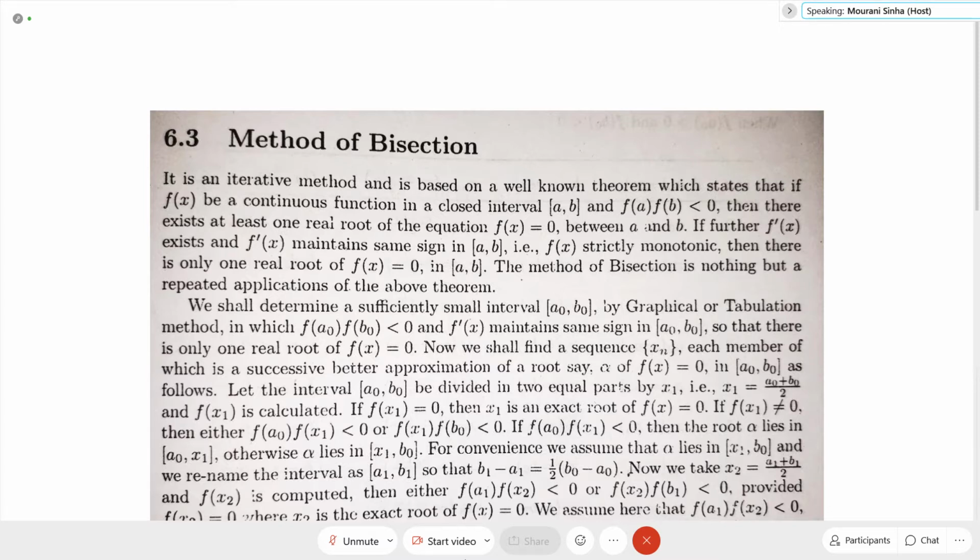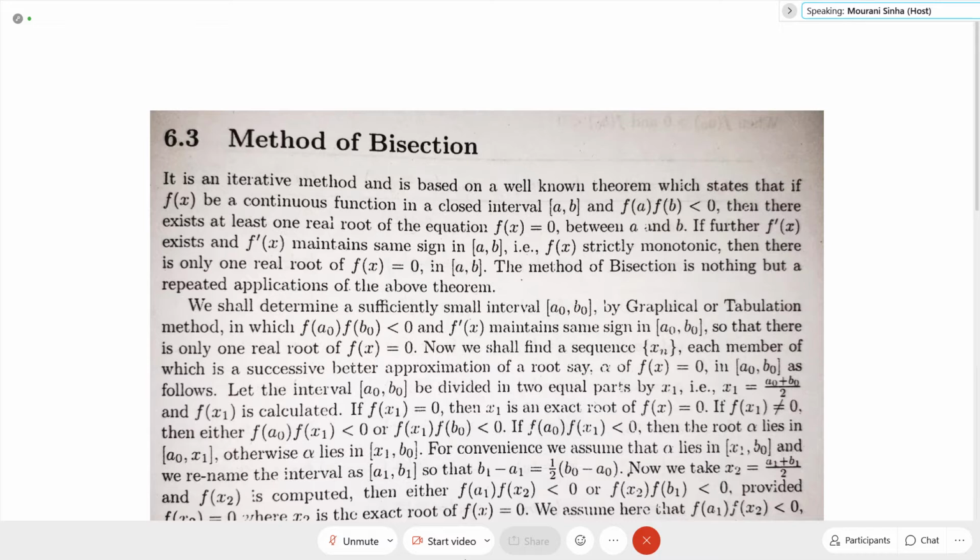So this is the theory which we will be using just now for finding the root of the equation f(x) equals 0. You can read all this later on. I'm not going into all these details. So only this is to be remembered just now, that bisection is an iterative method. You are finding the root of the equation f(x) equals 0. f(x) has to be continuous in [a, b] and f(a) into f(b) should be less than 0.